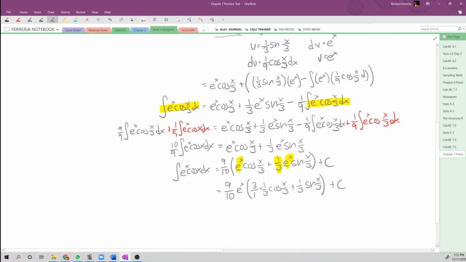We see it here on the outside now. And this is just cosine of x over 3, which is 1 times cosine x over 3. 1 is the same thing as 3 over 1 multiplied by 1/3. The reason I'm doing that is to show you that when I factor out this 1/3, I'm going to be left with a 3 attached to the cosine.